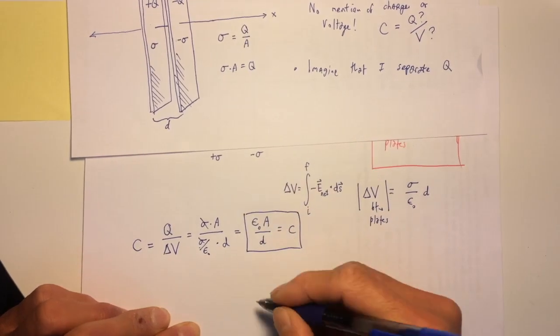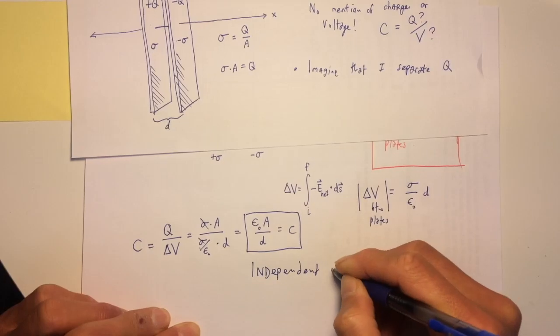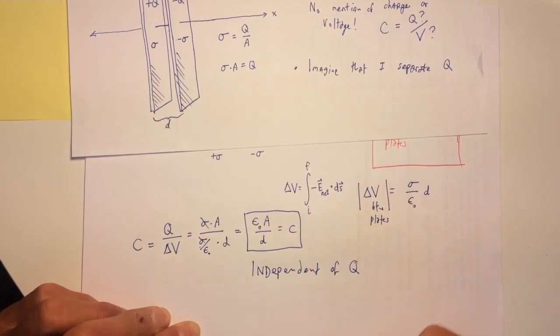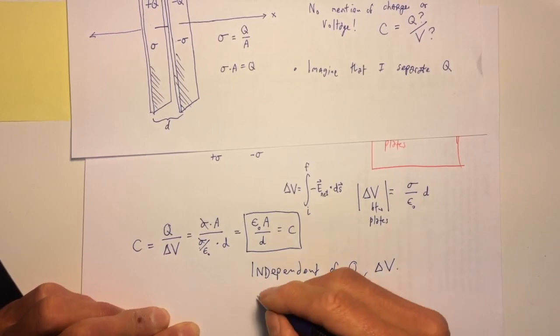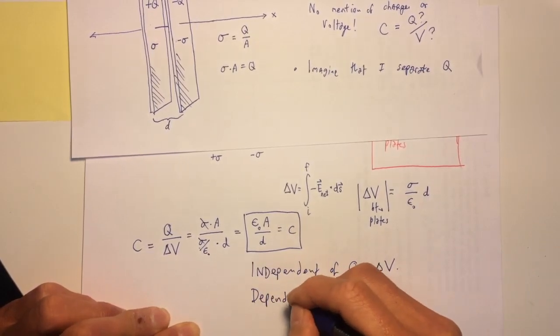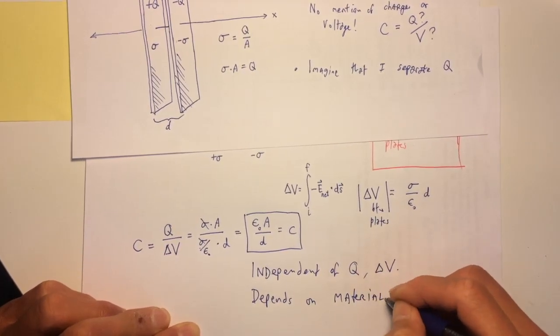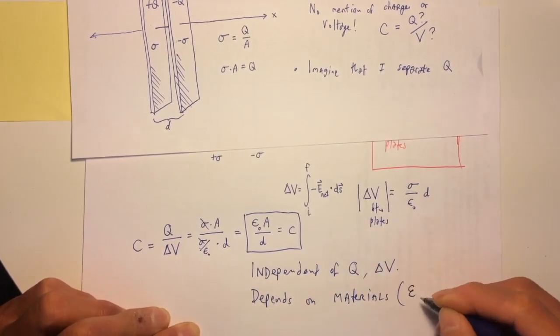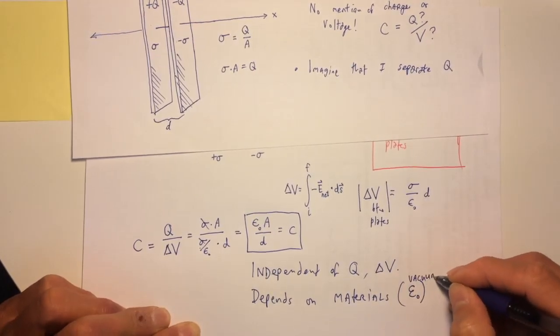And I'd like you to notice that it is independent of the choice of charge separation and the associated potential difference, but it depends on materials, in particular, the fact that we are talking about vacuum.